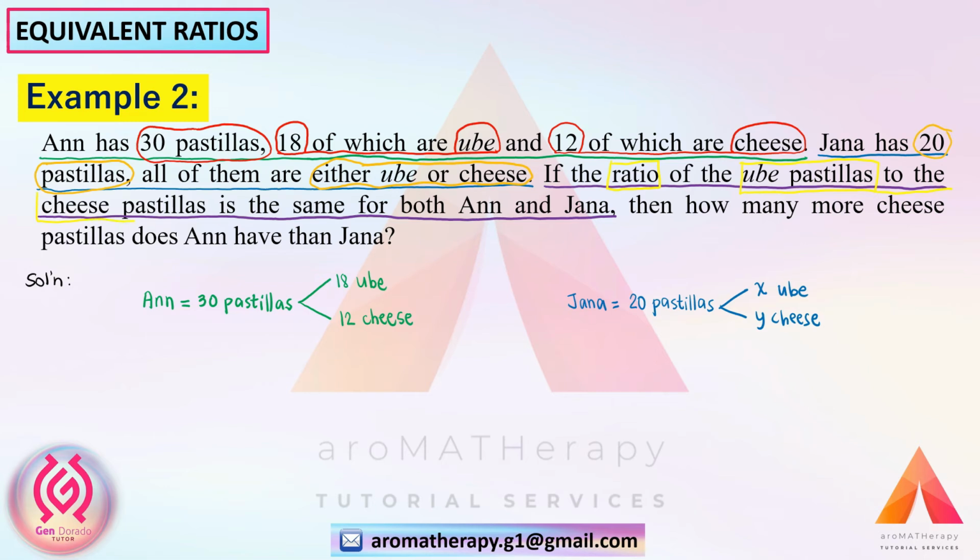Ube to cheese. So, let U for ube and C for cheese. Tapos ano pa meron? Sabi daw, the same for both Anne and Jana. So, the same yung ratio ng ube pastillas to cheese pastillas ni Anne and Jana.